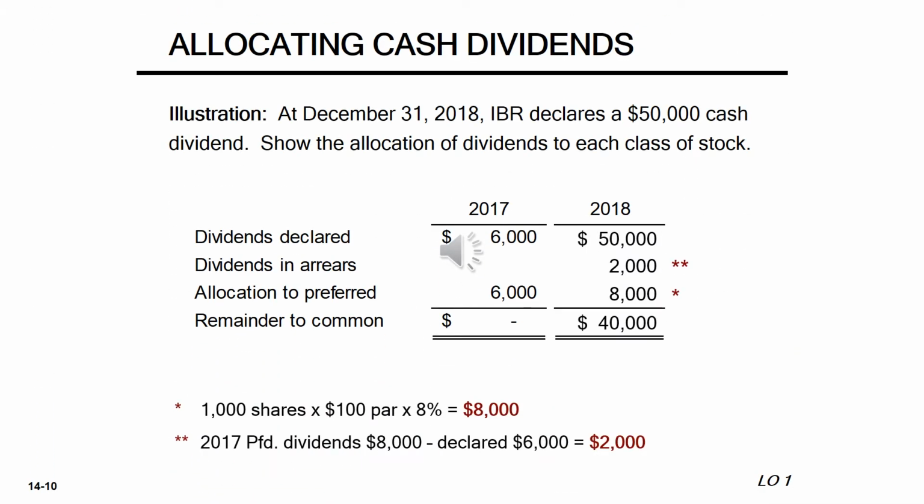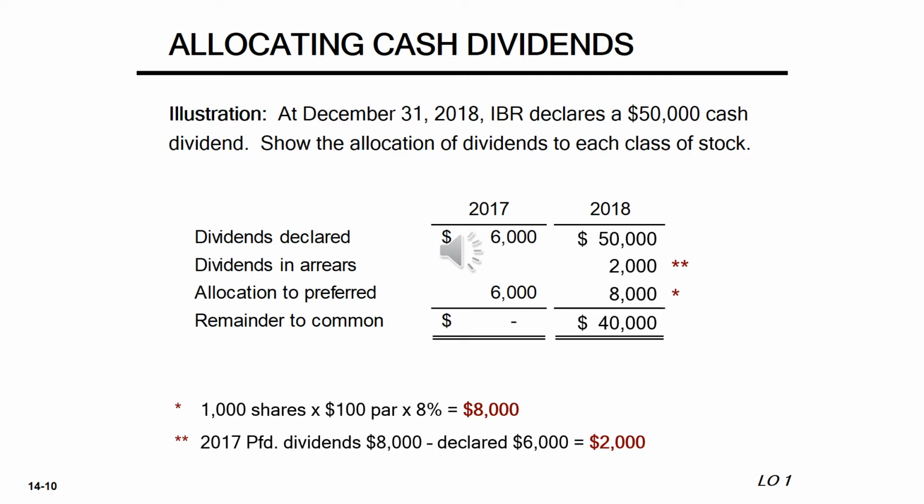Now notice what's going to happen. At December 31st, 2018, IBR declares a $50,000 cash dividend. We need to show the allocation of dividends to each class of stock. Now from the previous year's information, we know that the company declared $6,000 to be distributed, and we calculated that the preferred stockholders need to be paid $8,000.